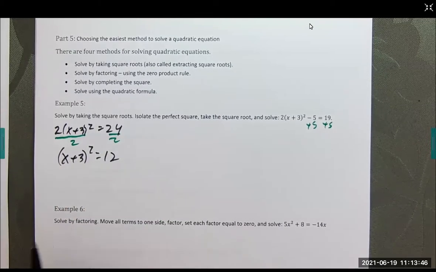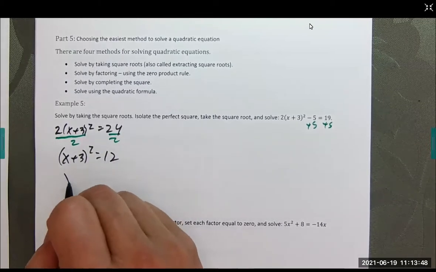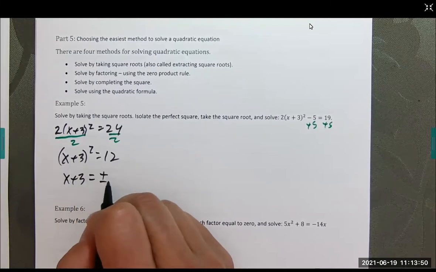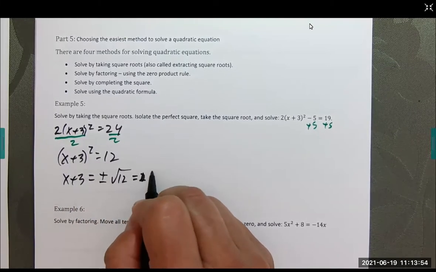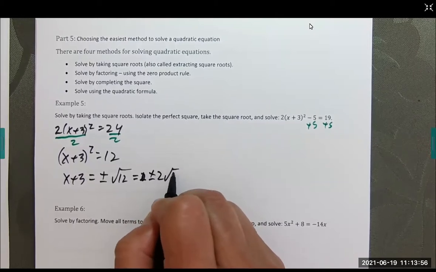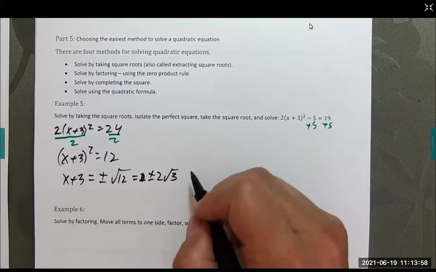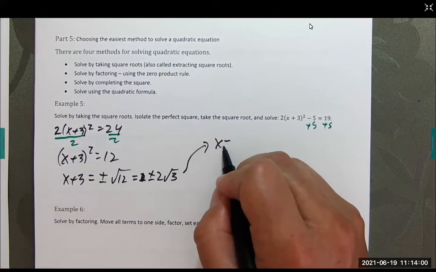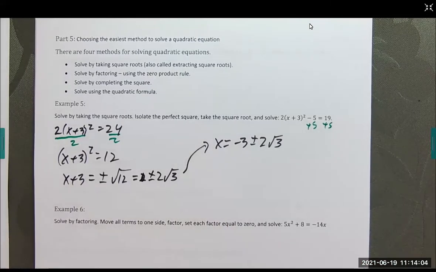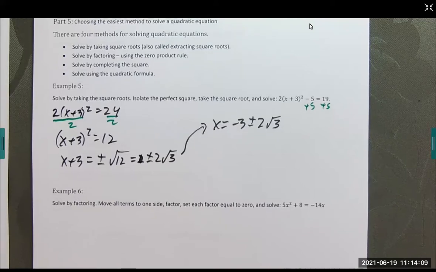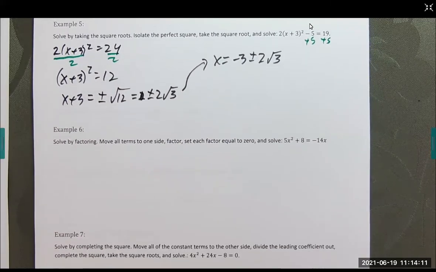And now I'm going to take the square root of both sides, which is plus or minus 2 root 3, which means x equals negative 3 plus or minus 2 root 3. Not a big deal. Already done that.